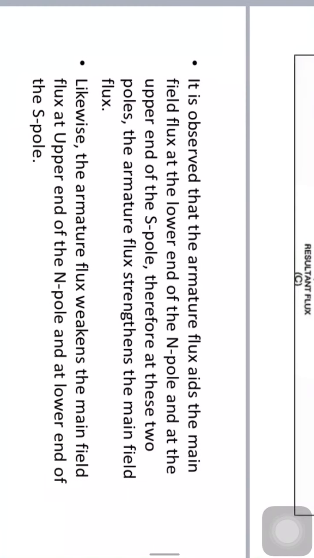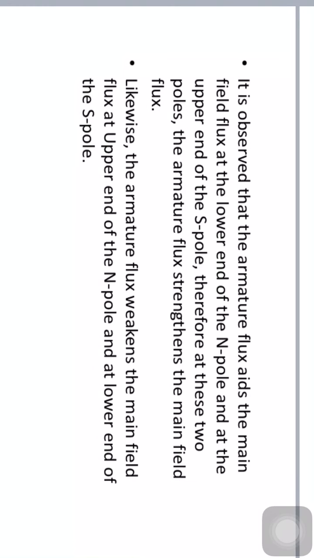Okay, next. It is observed that the armature flux aids the main field flux at the lower end of the north pole and at the upper end of the south pole. Therefore, at these two poles, the armature flux strengthens the main field flux. Likewise, the armature flux weakens the main field flux at upper end of the north pole and at the lower end of the south pole.